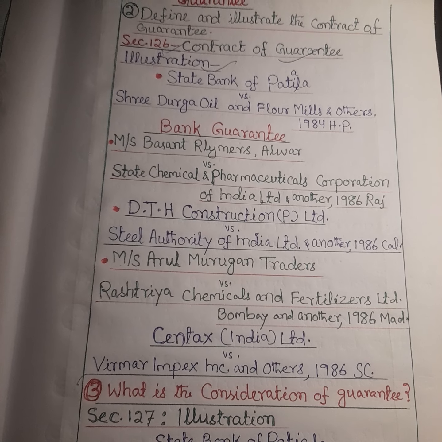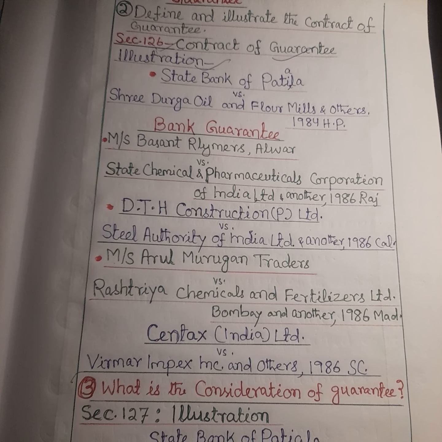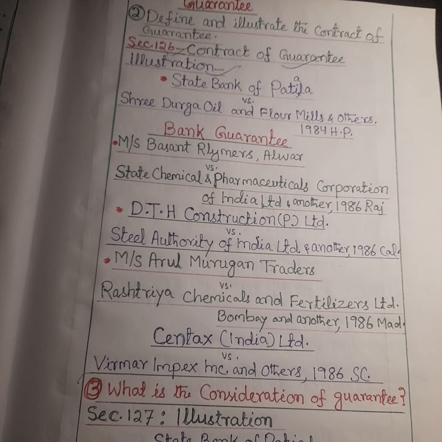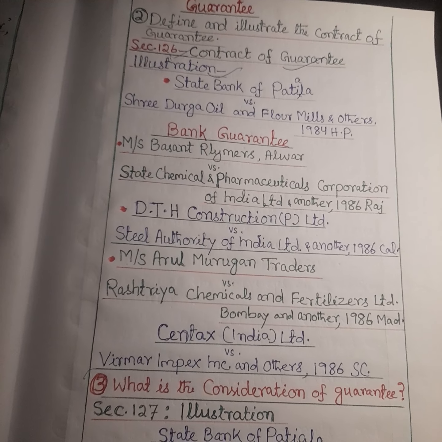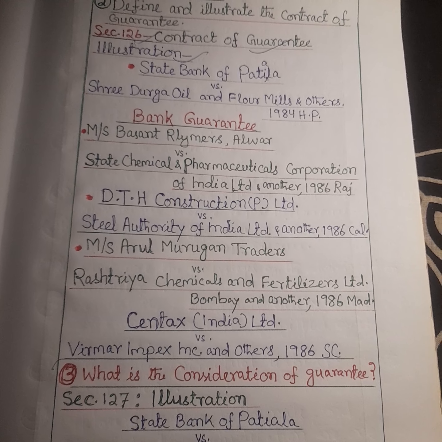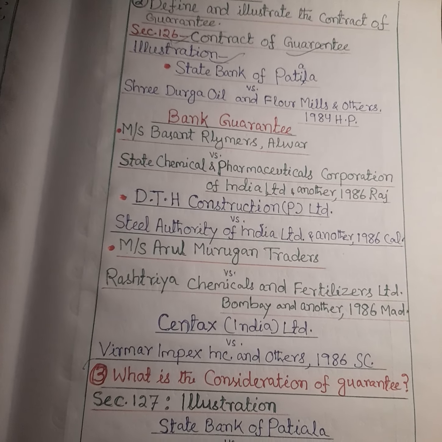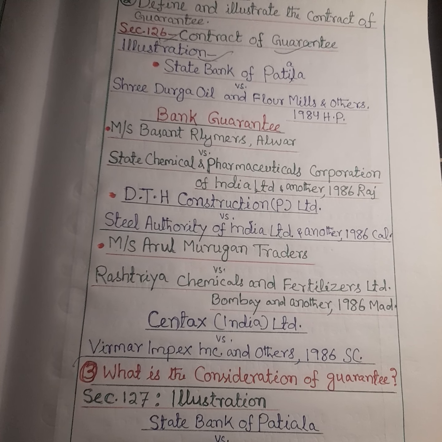A agrees to do so provided C will guarantee the payment of the price of the goods. C promises to guarantee the payment in consideration of A's promise to deliver the goods.